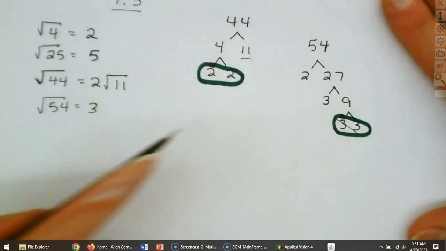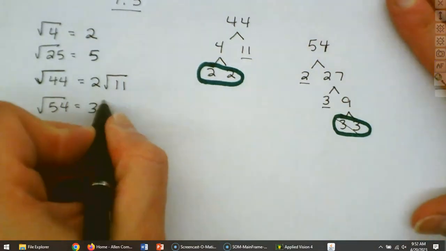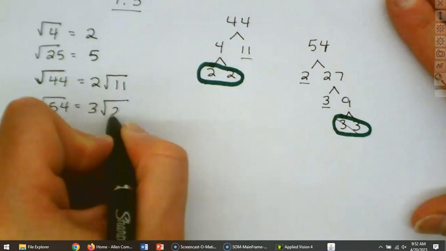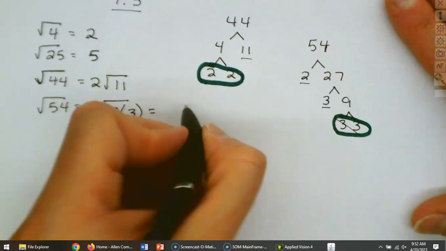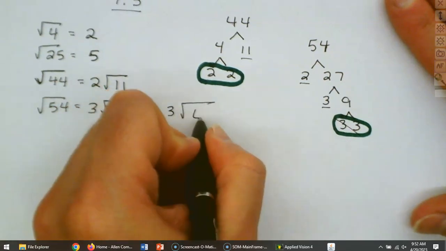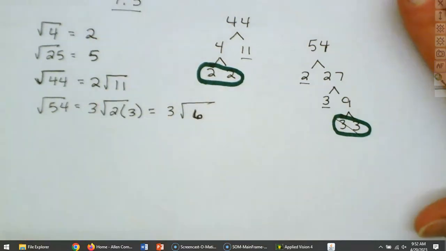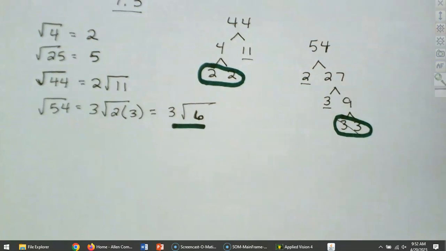Now, what's left over that doesn't have a pair? A 2 and a 3. So we multiply them together underneath that root, 2 times 3, which makes 6. So the square root of 54 breaks down into 3 square root of 6.